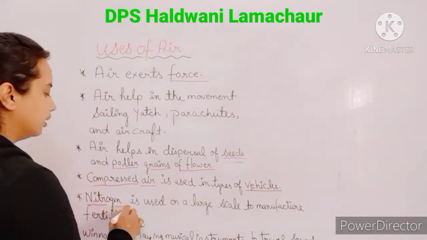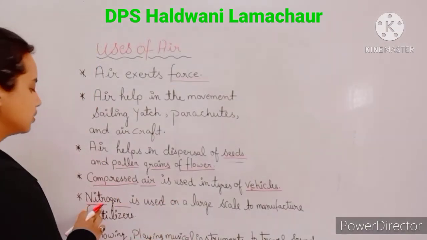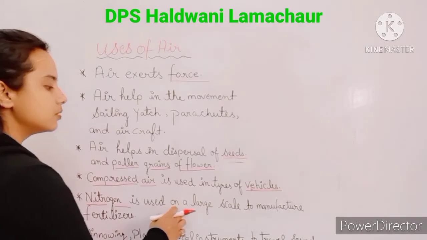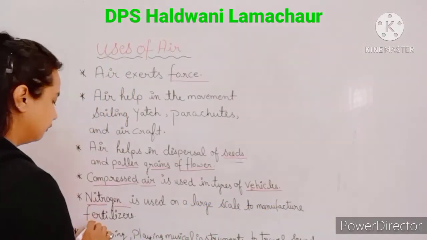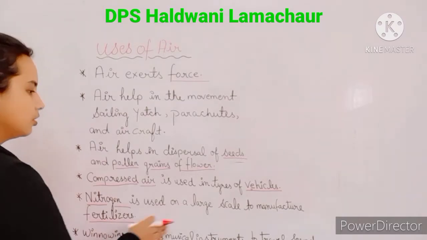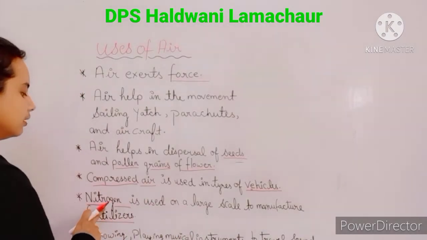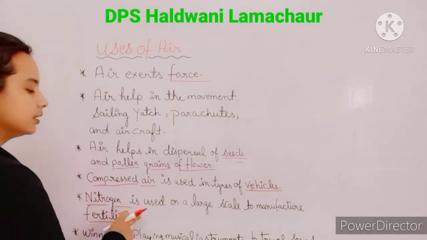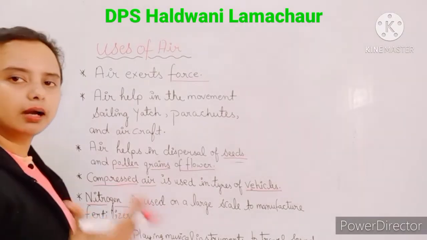In the air, 78% nitrogen is present. This nitrogen is used on a large scale to manufacture fertilizers. So to manufacture fertilizers, what is used? That is nitrogen. This is a very important part for the plants.